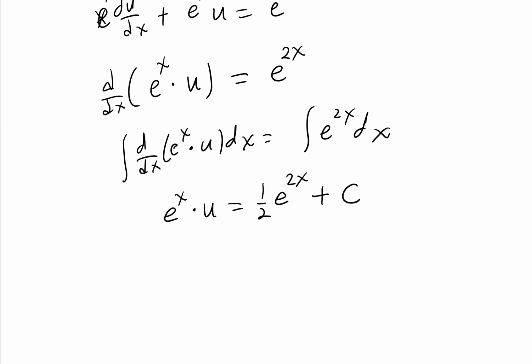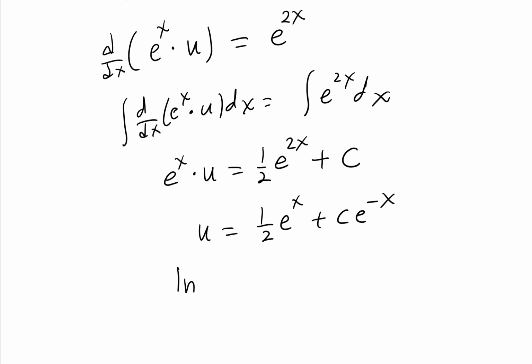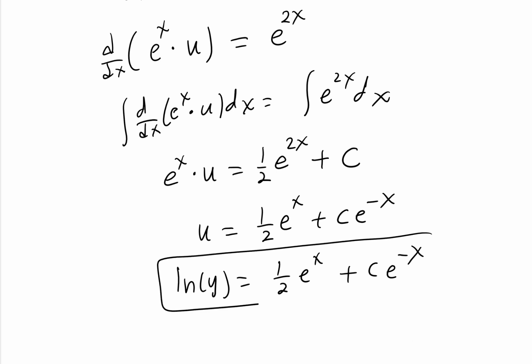Divide everything by e to the x. This becomes 1/2 e to the x plus c e to the negative x. But remember, u is natural log of y, so ln y equals 1/2 e to the x plus c e to the negative x. You can leave it like this, or you can exponentiate to find y. I usually just leave it like that.